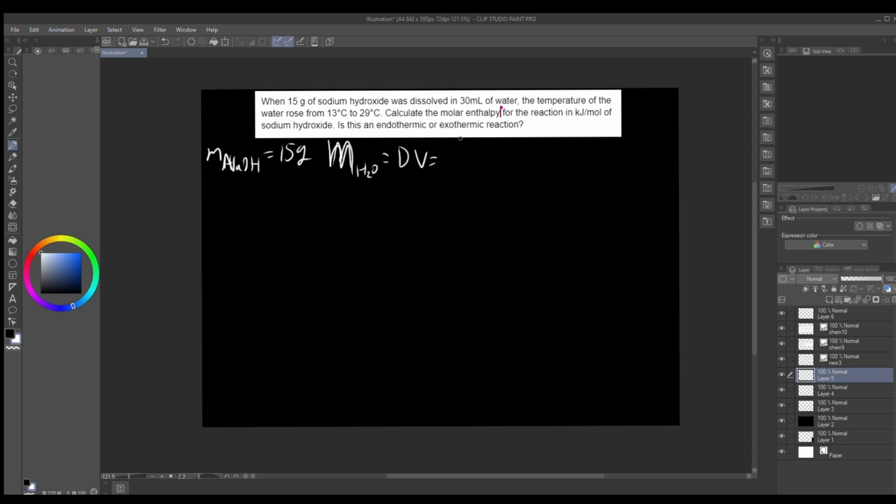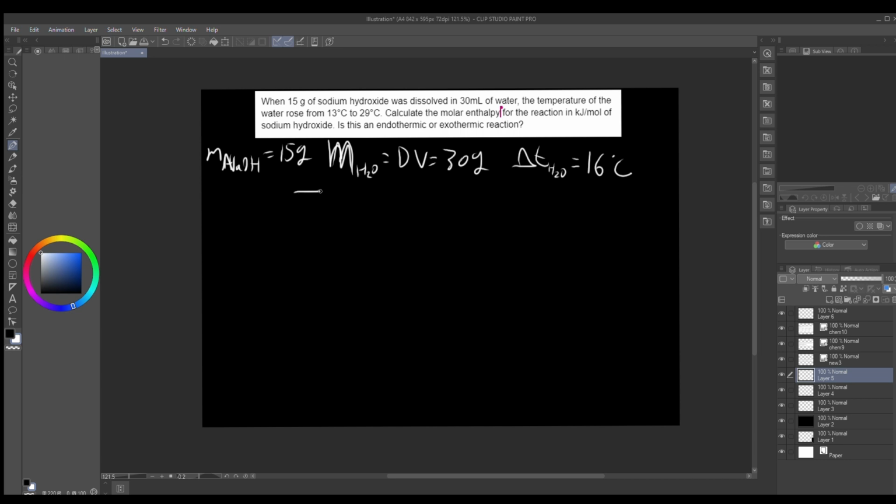We know that density is 1 gram per milliliter, so 1 times 30 grams. The temperature change of H2O is easily calculated by finding how much it increased from 13 degrees to 29 degrees. So 29 minus 13 is 16 degrees Celsius.